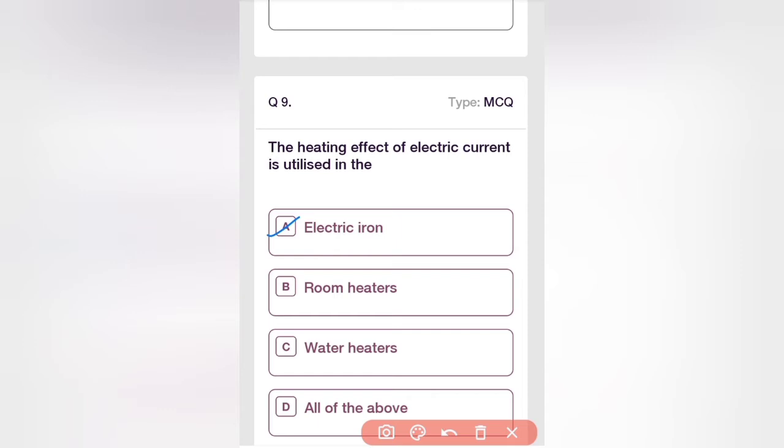So heating effect of electric current is utilized in electric iron, room heater, water heater. So therefore it must be all of the above. Option D is the correct answer.